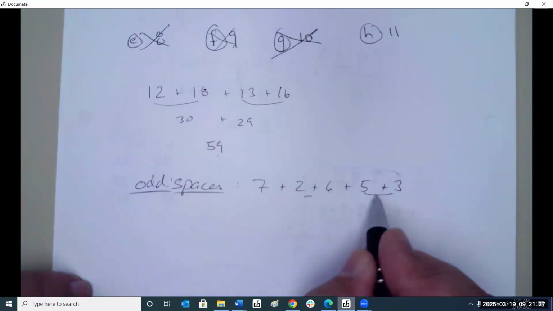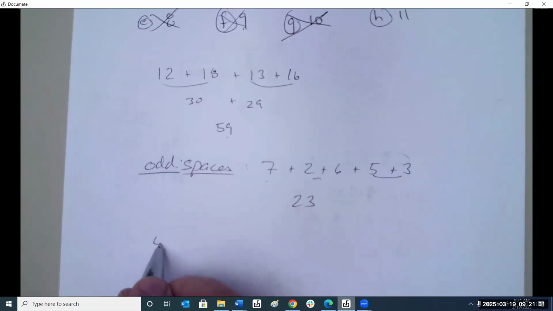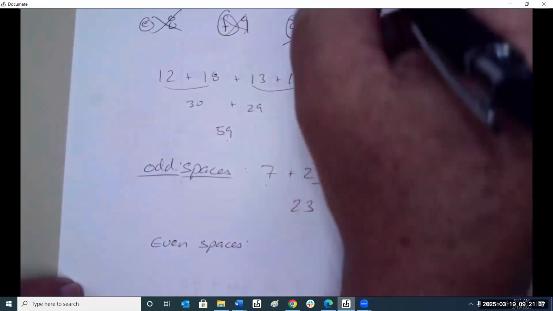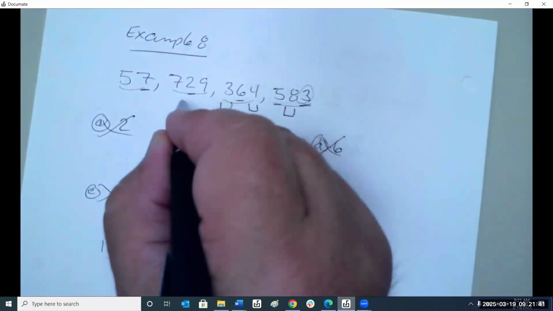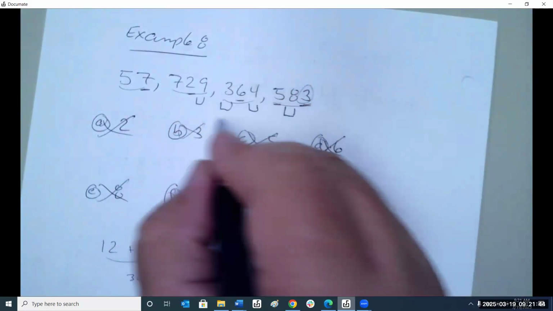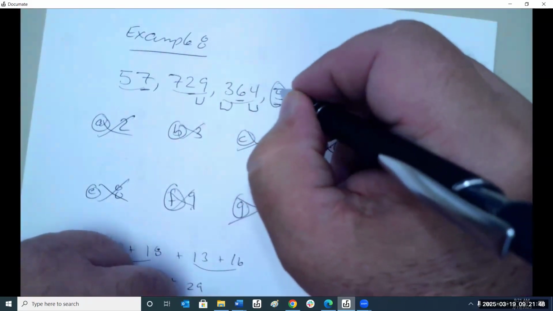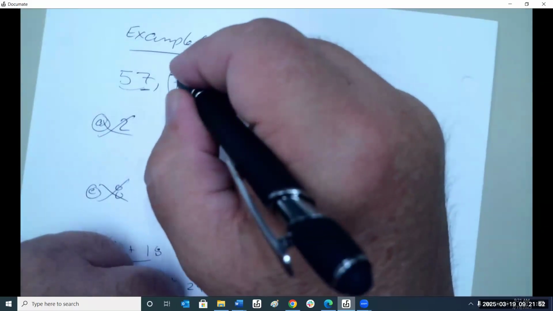That's 10, 17, 23. Even spaces. We have 2, 4, 6. Oops, hold on. This is odd. 2, 3, 4.